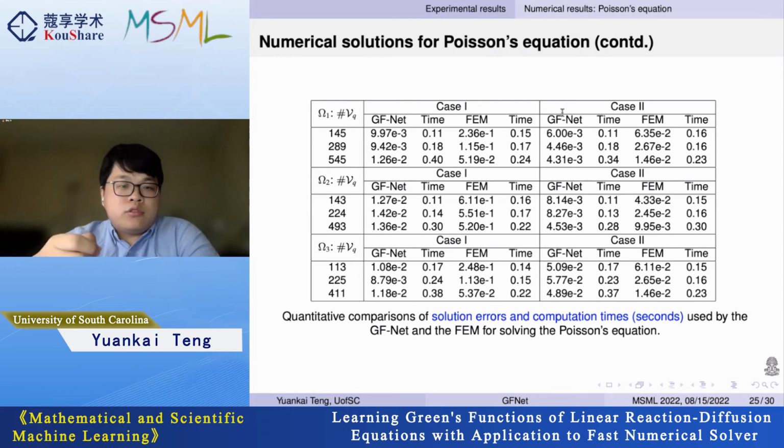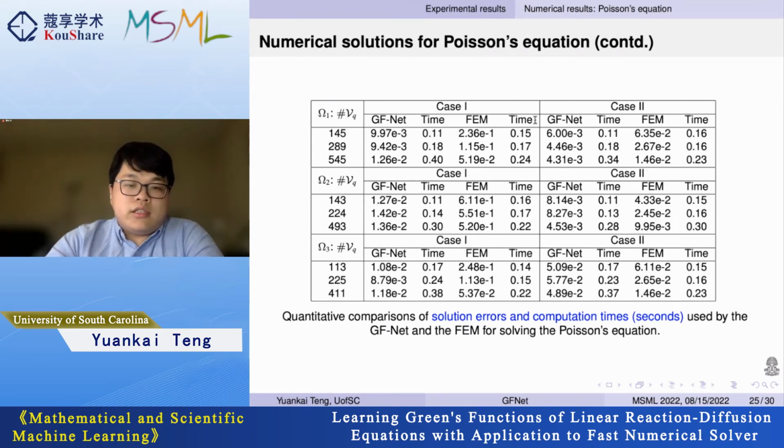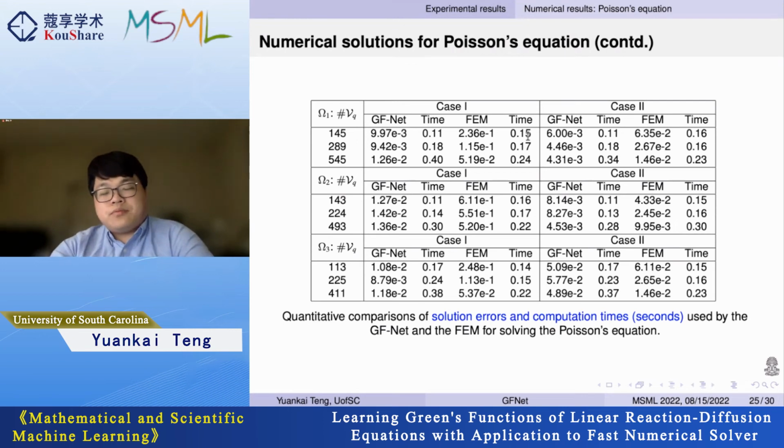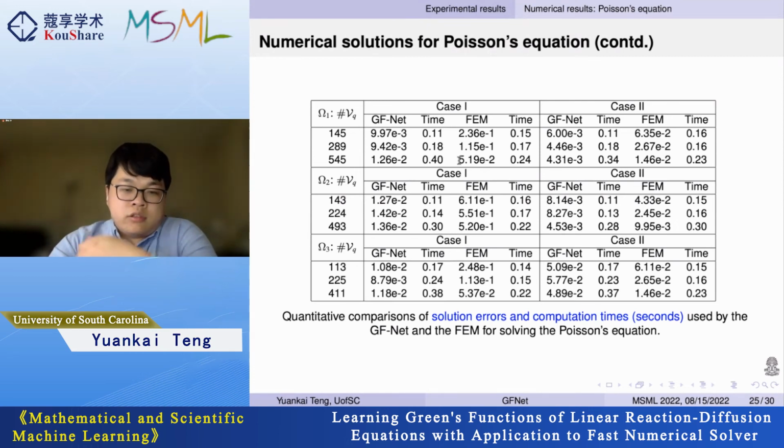Here we use 3 different quadrature meshes as the input mesh of FEniCS, and then we measure the numerical errors and the time we use for inference. So here you can see that our method is able to predict the solution accurately when compared to the finite element method, especially on the coarse mesh.